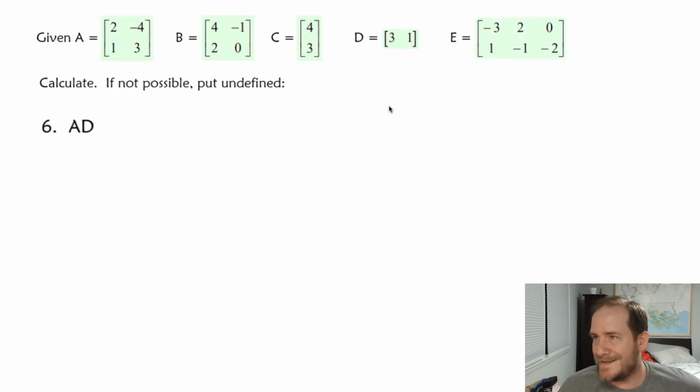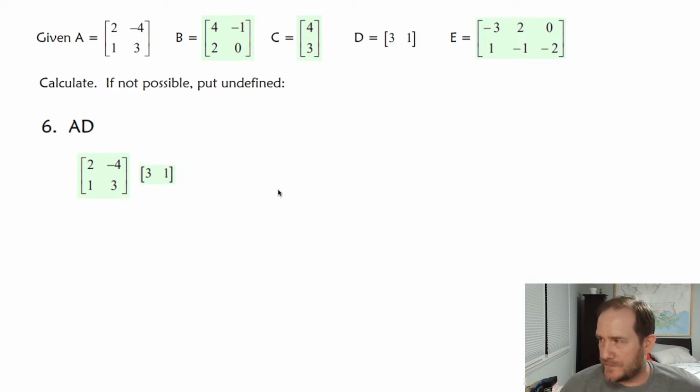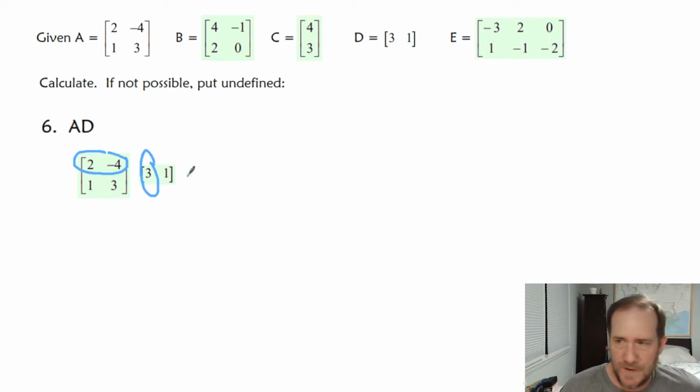All right, what about A D? You grab matrix A, you grab matrix D, and mercifully, we don't have to do this one, because if I try to multiply row by column, they don't line up the way they're supposed to. So undefined would be the answer here.